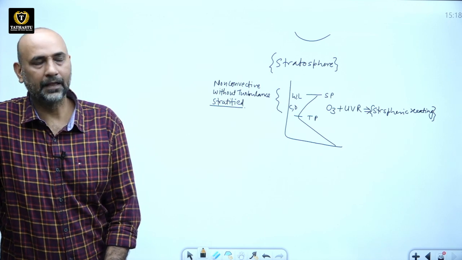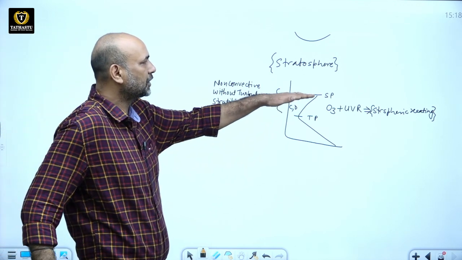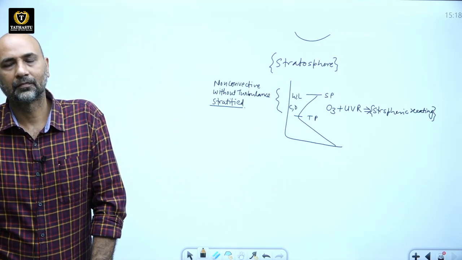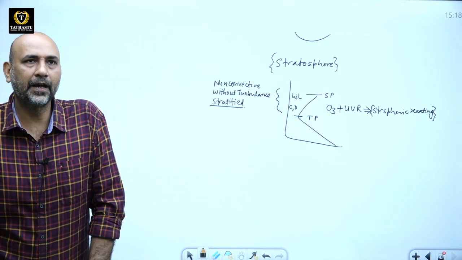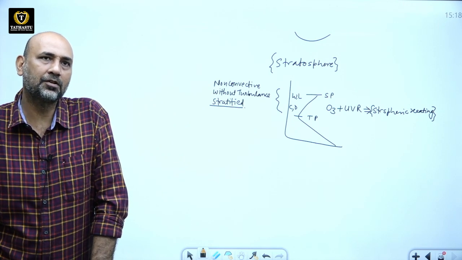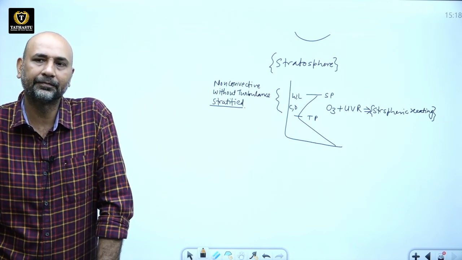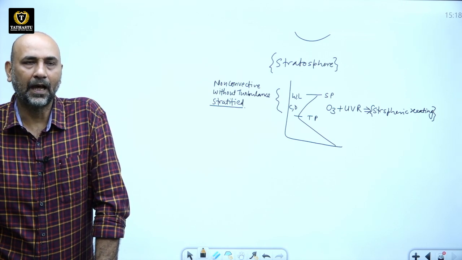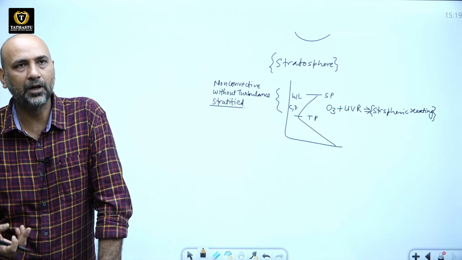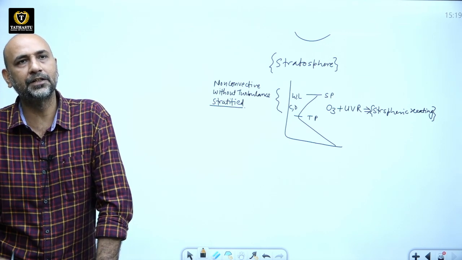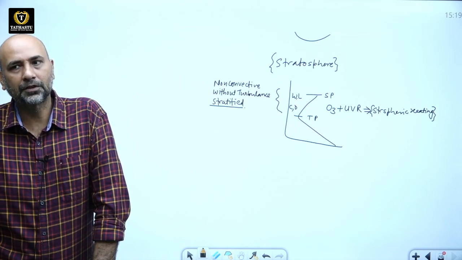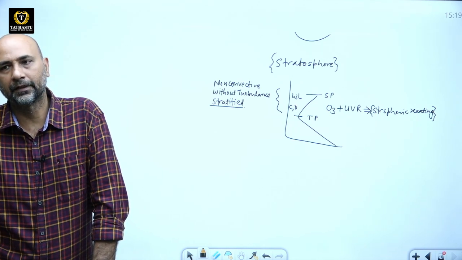Getting this thing? And remember that is why stratosphere is used for air transport. Troposphere is largely not used for air transport because of presence of turbulence. And second point, stratosphere has largely scarcity of water vapor, clouds and suspended particulates.